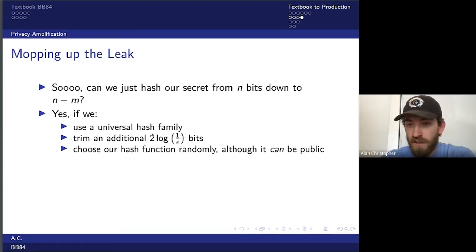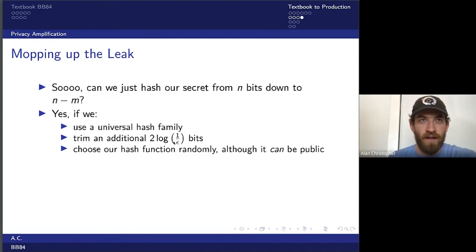It totally works, subject to a couple of small caveats. First, our hash function needs to be chosen at random from a universal hash family. That random choice can be public, but it does have to be random. And then additionally, we're going to need to trim off 2 log 1 over epsilon bits, where epsilon is our acceptable distance from uniform of the final raw key.